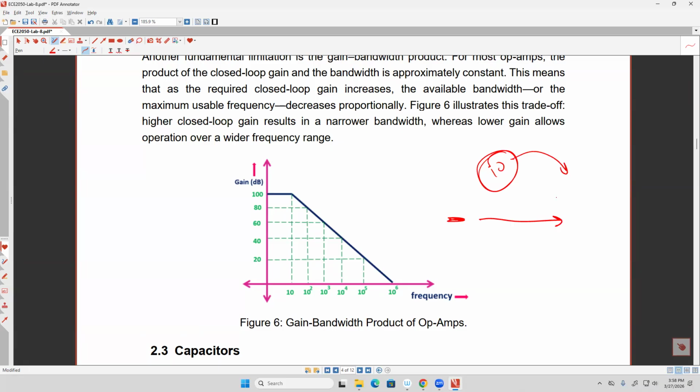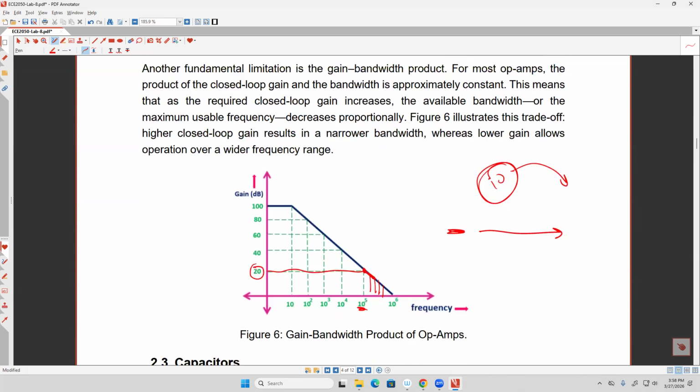As I told you, if the gain is 20, you can work with frequencies up to 10 to the power of 5. If you go beyond it, the gain will be smaller than 20. So this is how you can measure the maximum usable frequency.